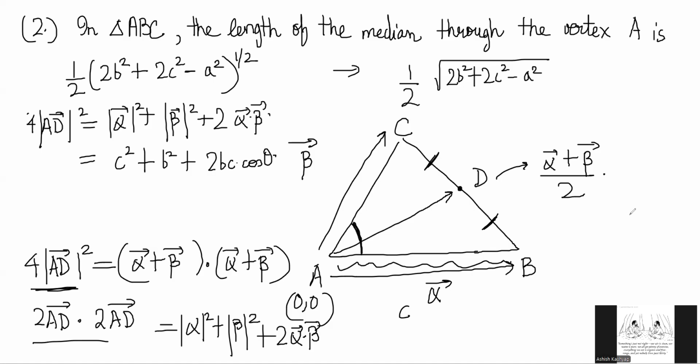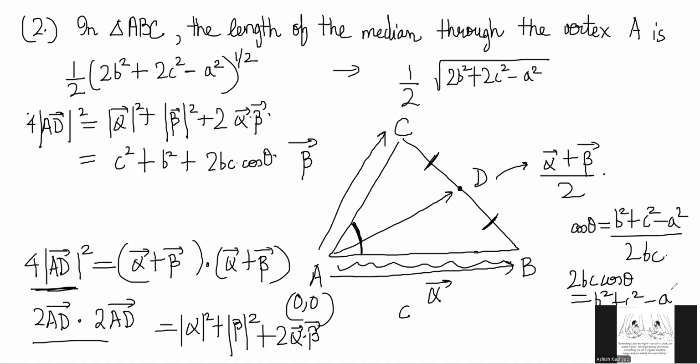So now notice by cosine rule, cos theta in the triangle would be b square plus c square minus a square by 2bc, right? So what is 2bc cos theta? 2bc cos theta is equal to b square plus c square minus a square.